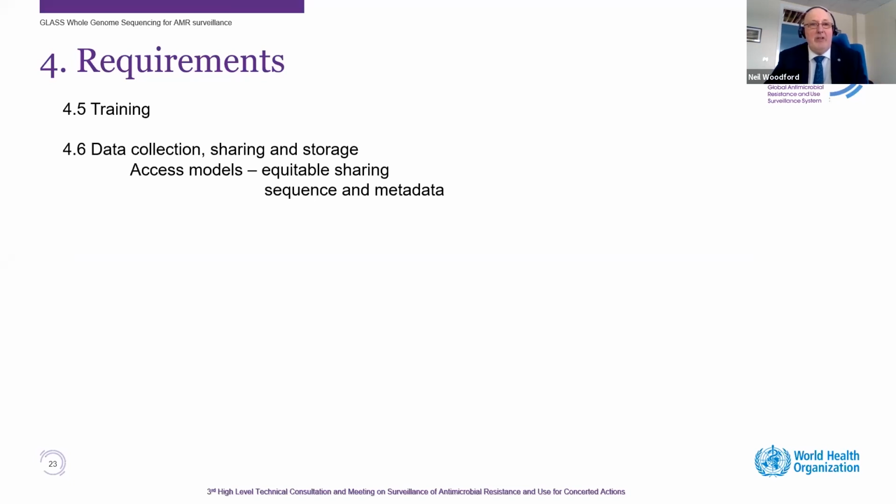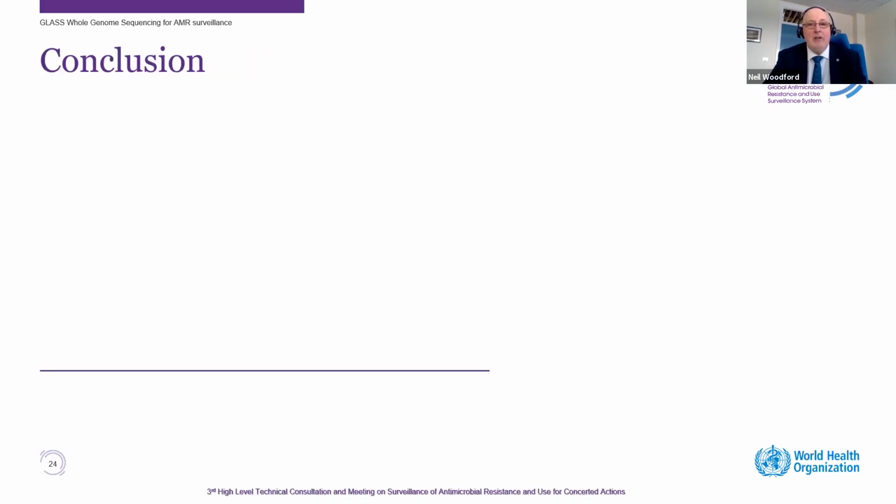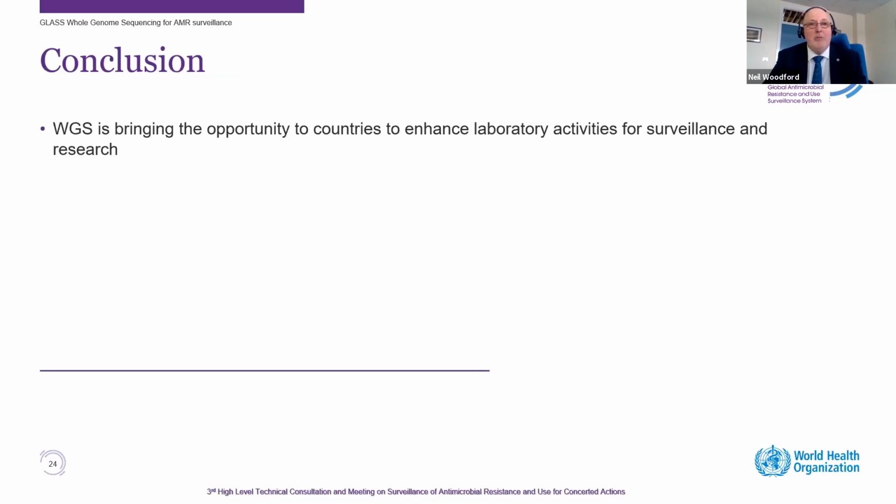We also need to consider the training of the staff, which I've mentioned, and the data collection, how it's going to be shared, how it's going to be stored, how it is captured, how it feeds into GLASS, how we can use WHONET and other software to get those data into the GLASS platform. So in conclusion, whole genome sequencing gives us the opportunity to enhance how laboratories investigate AMR for surveillance and for research at the current time.